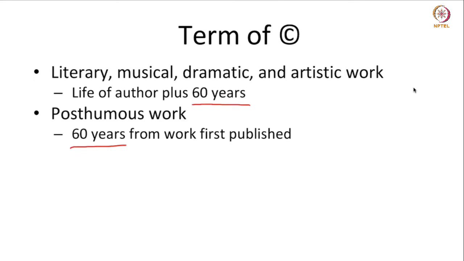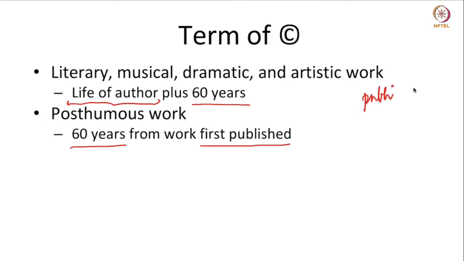The 60 years starts after the life of the author in case of works published during the life of the author. For posthumous works published after the death of the author, it will be 60 years from the time it is first published.